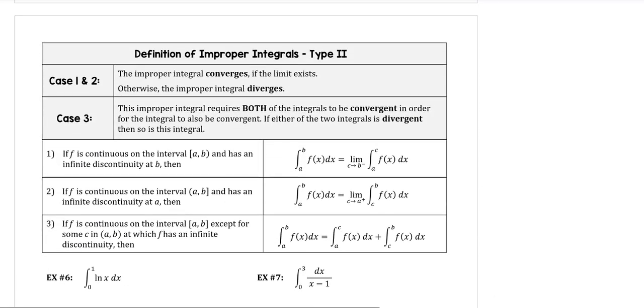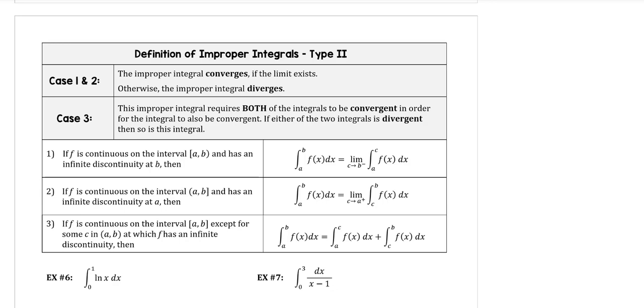Okay, so this is our type 2, where the improper integral is going to converge or diverge, but we have well-defined limits of integration, but we have a situation where a point in the center, or it doesn't have to be an exact center, but someplace in that interval has a discontinuity.